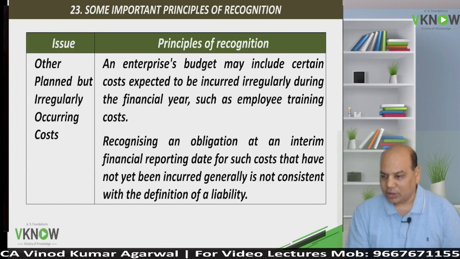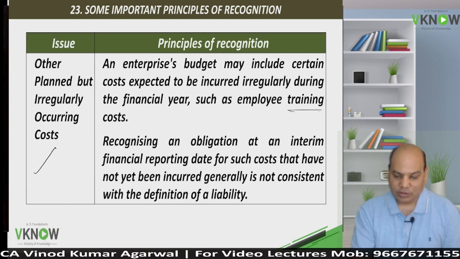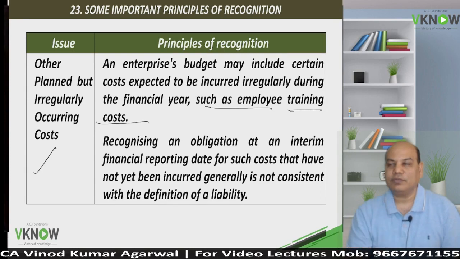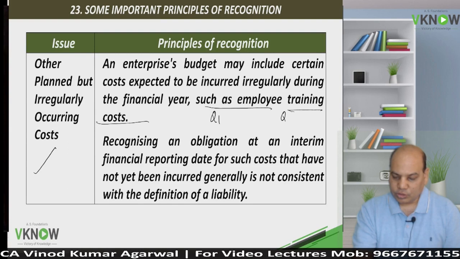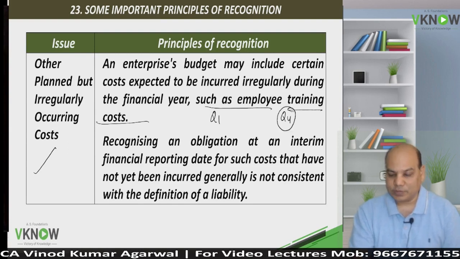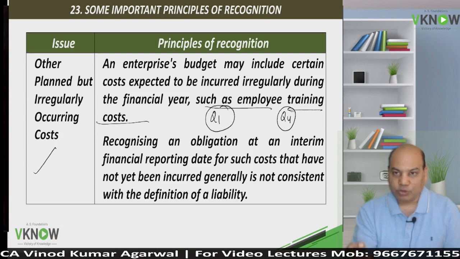So nothing great in that. This point already covered. Other planned but irregularly occurring cost. Example, training cost. Company wants to incur training cost in future. Company is in quarter 1. They want to provide training to employees in quarter 4, which will result into heavy expense. Should they make provision in the earlier quarter? The answer is no, because there is no present obligation. There is no present obligation and there is no past event.